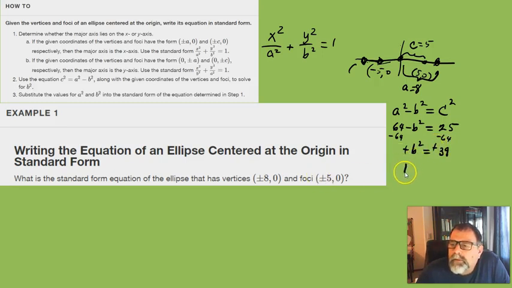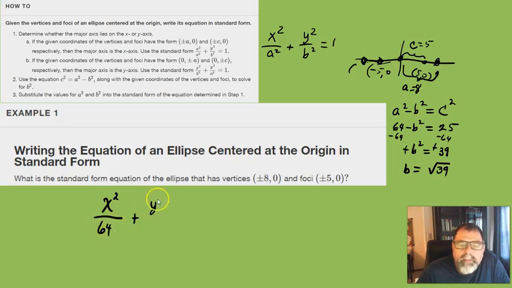And then square root it. So b is square root of 39, plus or minus, but you throw out the minus one because this is a distance, but actually I didn't have to do this because I just need to know what b squared is. So now I have my equation. X squared over a squared, which was 64, plus y squared over b squared, which is 39, equals 1. And then that's my answer.